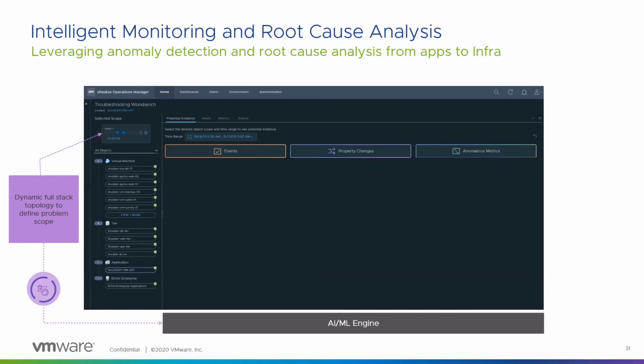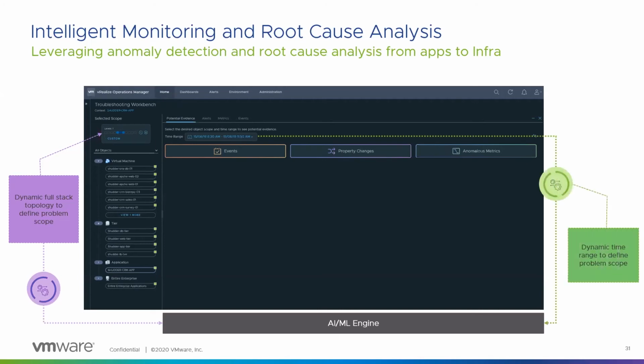So on the left hand side, you have the dynamic full stack topology to define a problem scope. And on the right hand side, on the top, you have the dynamic time range to define a problem scope. Again, this is all about answering two questions: what is the time range when a problem happened, and where approximately the problem happened? Those are the two simplest things you should know about a problem. And that's the only known you need to know about the unknown.